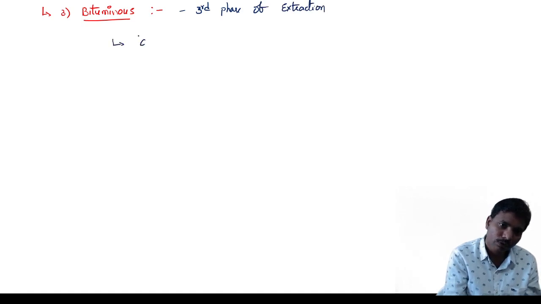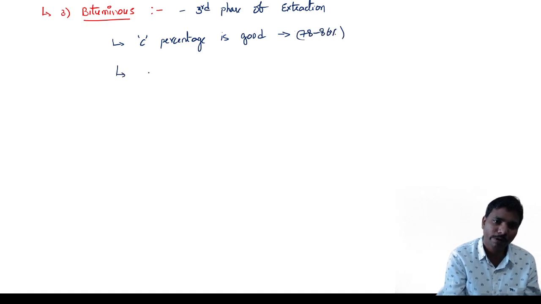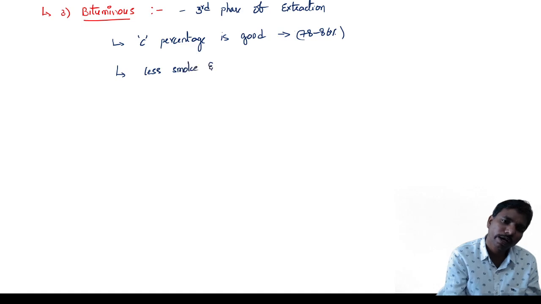Carbon percentage is good. This is good, approximately 78 to 86 percentage. Okay, so because of high carbon percentage, it gives less smoke and ash and provides better heat than peat and lignite.